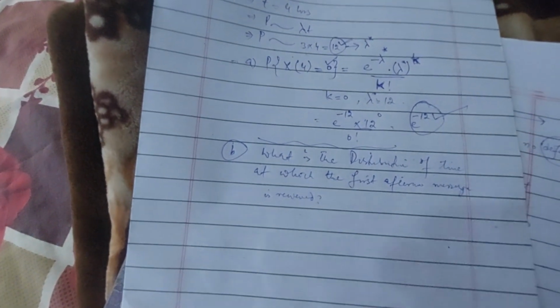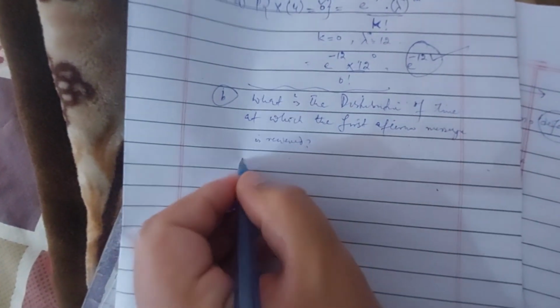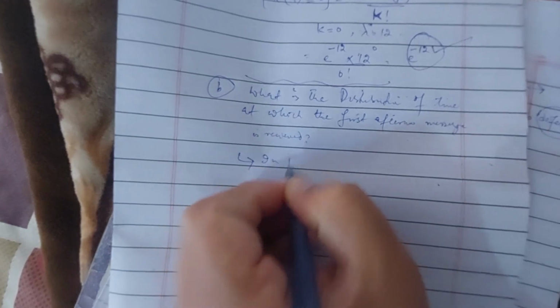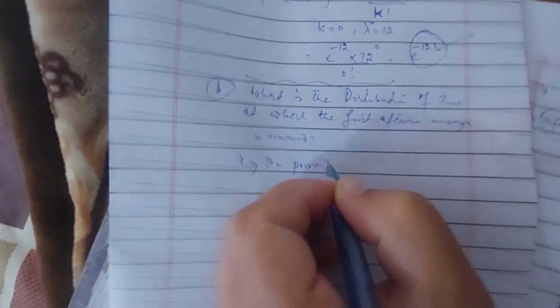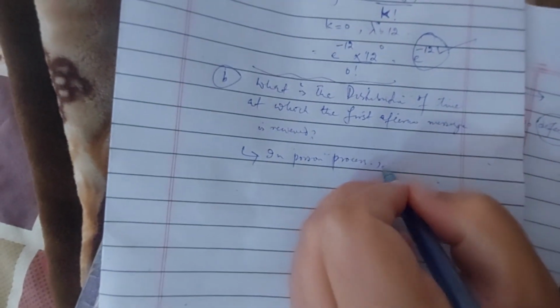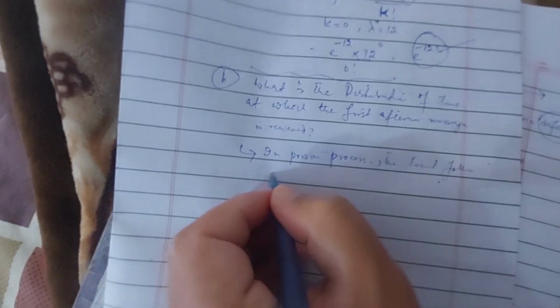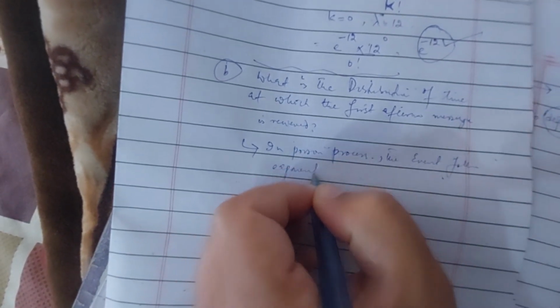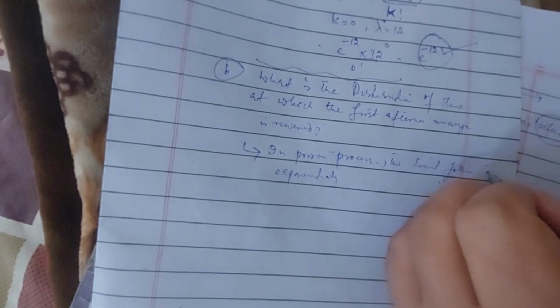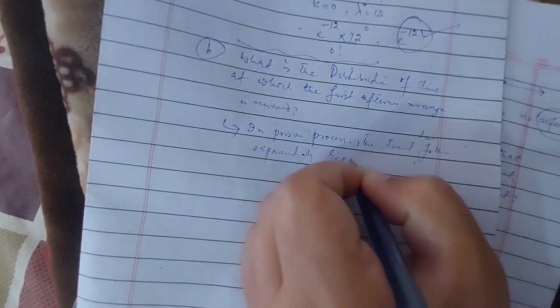Now what will be the distribution? We know that in the Poisson process, the event times actually follow the exponential distribution.